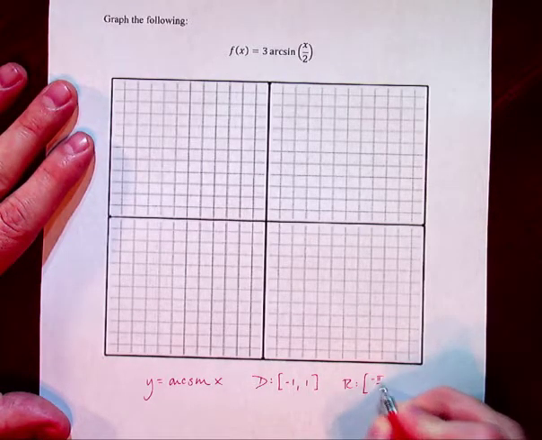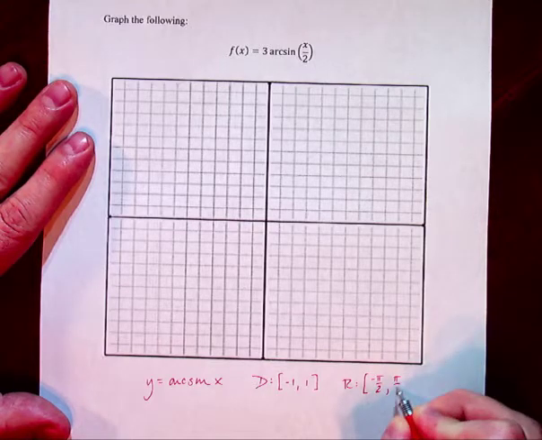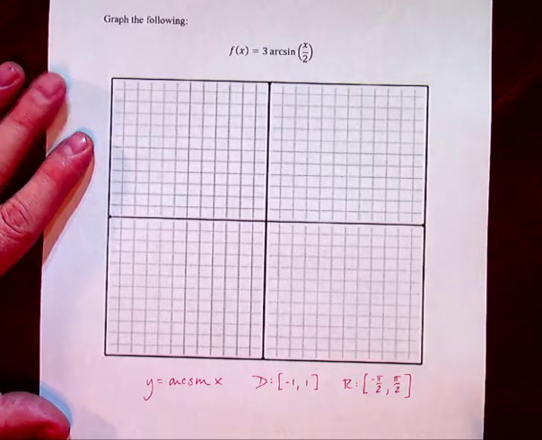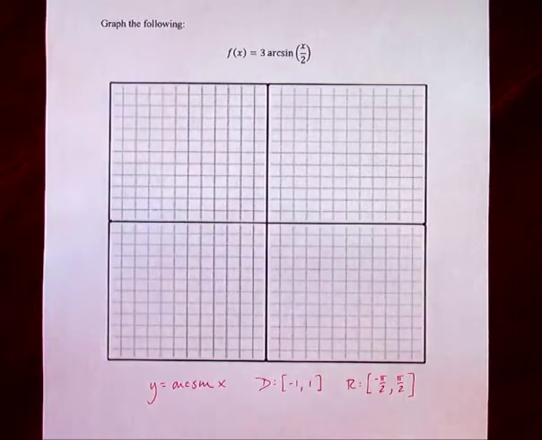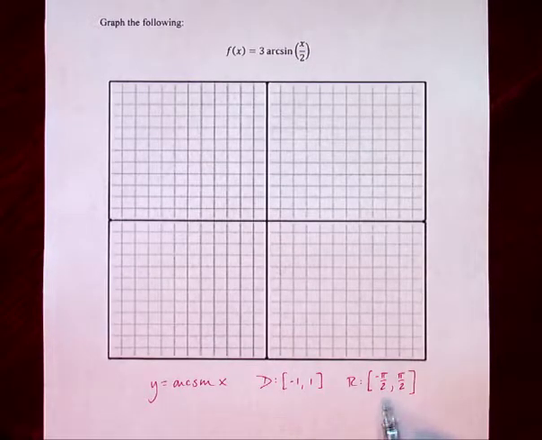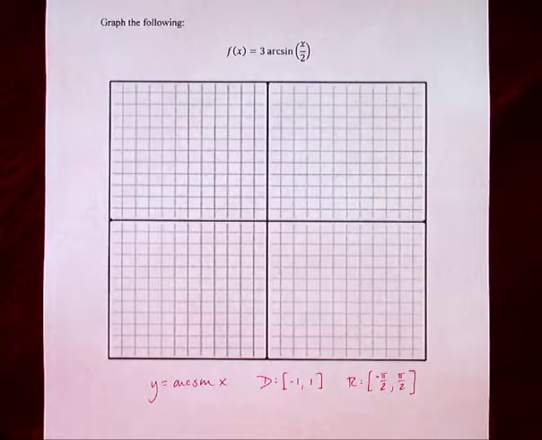And remember, that was limited to negative pi over 2, because we had to basically artificially limit the domain of the sine function in order to take the inverse. And this was the artificially limited domain of sine, so it becomes the range of arcsine.